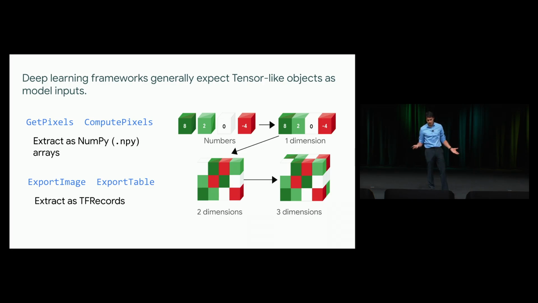It's tensors, essentially a fancy name for an array of multiple dimensions. And if you're going to use getPixels, then to save yourself a conversion step, you can extract them as NumPy arrays or something like that. And if you have to use our export and import flows, I recommend using TFRecords, just potentially one less conversion step that you have to do.